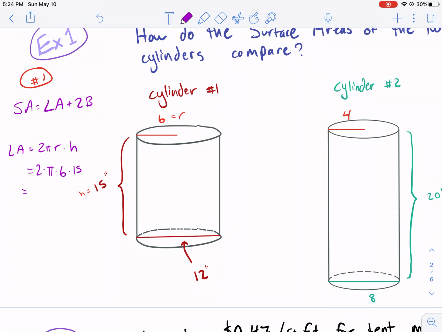We get 30 times 6, that's 180 pi. I'm going to keep this in terms of pi, and I'm going to put it as a decimal also. So we have 180 times pi, and I get 565.5 rounded inches squared. Again, we're talking about area, so we need to talk about inches squared.